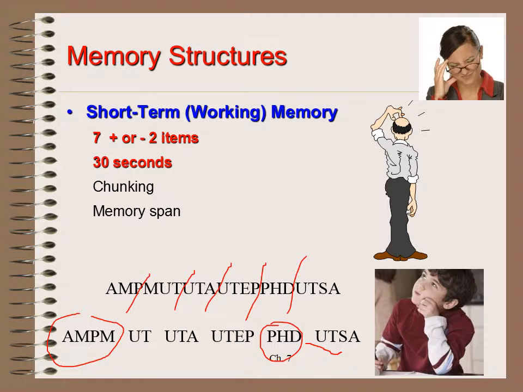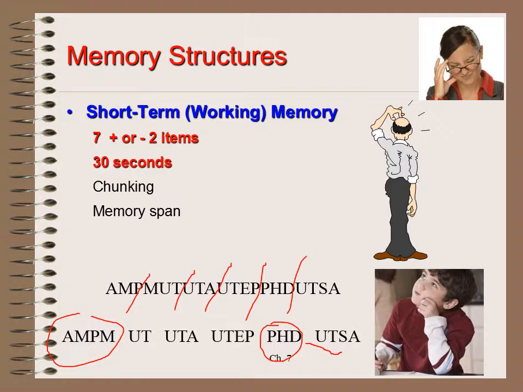I purposely put these words there, and what I've done is take this long sequence and break it up. You folks might not be able to see this, but these are part of UT system schools. UT is University of Texas, UTA is University of Texas at Arlington, UTEP means El Paso, and of course UTSA.